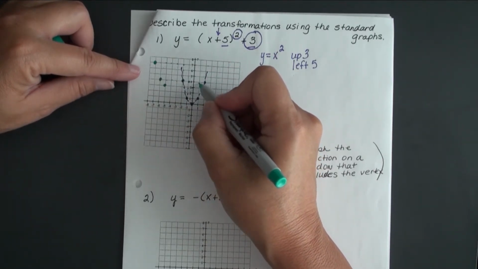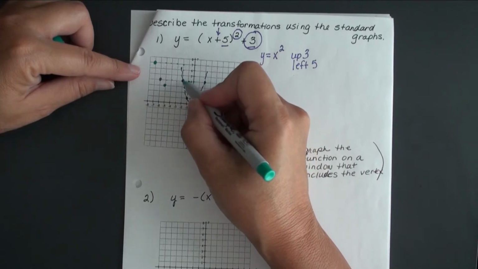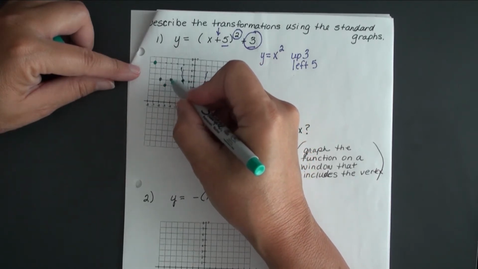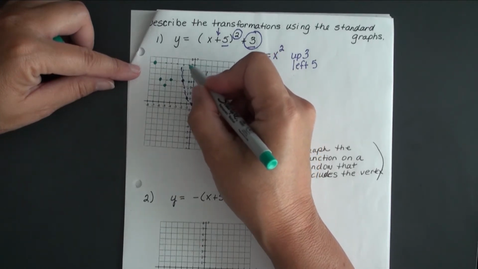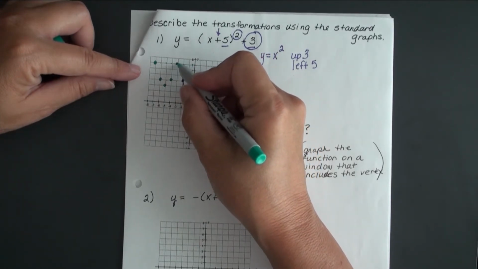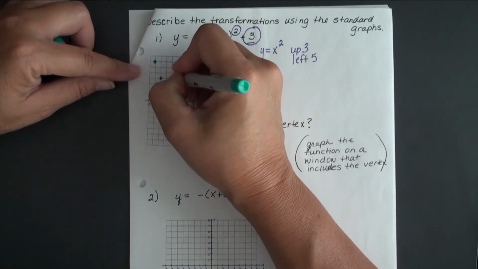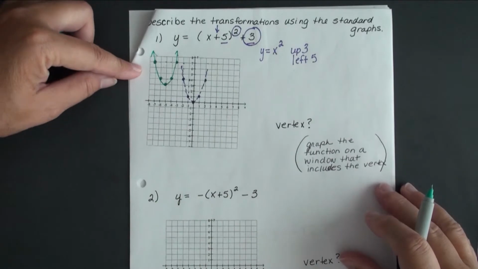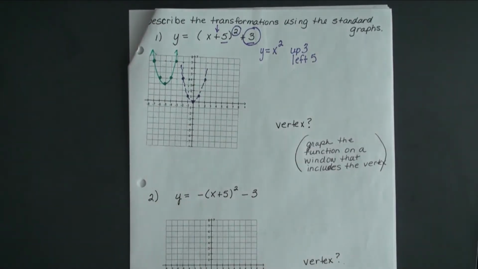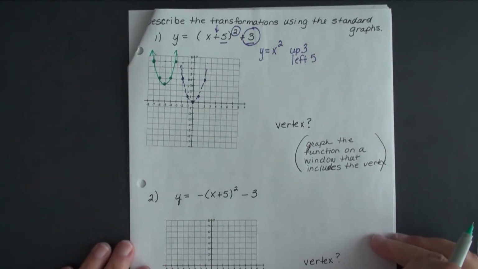I'm going to go up 3 and left 5. And then I'll take my last point. I'll go up 3 and left 5. And there is the graph of my function y equals (x plus 5) squared plus 3.